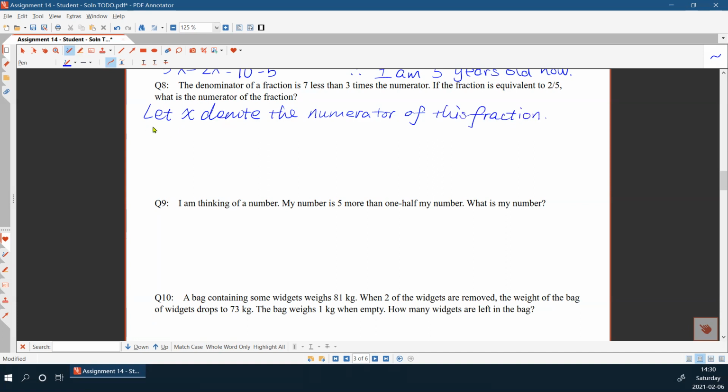Okay, in that case, from the information given we know the denominator of the fraction is 7 less than 3 times. Okay, 3 times means 3x, right? And 7 less means 3x minus 7. This is our denominator, right?